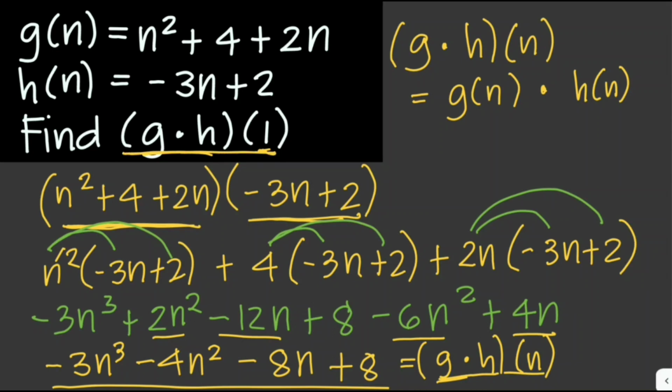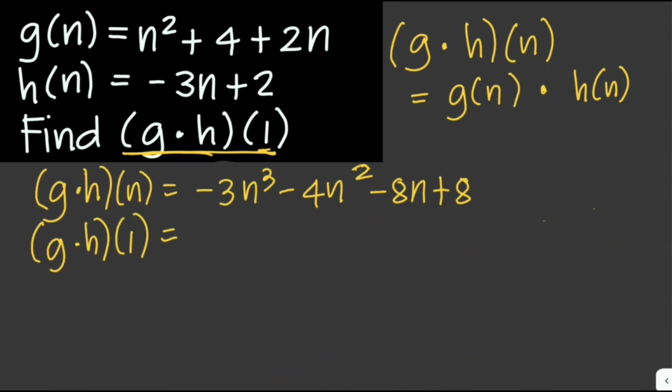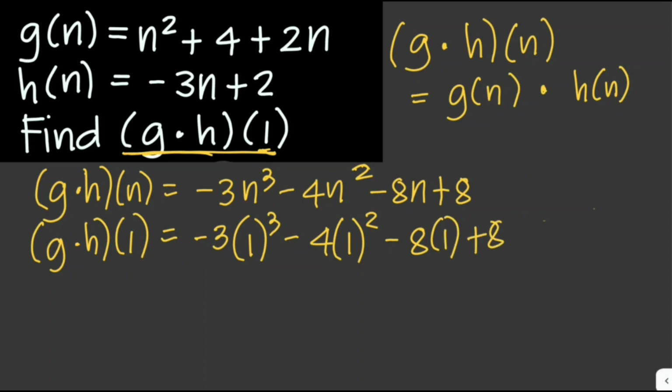So we're given here the value of n, which is equal to 1. So we just have to plug in n equals 1 to this equation here. So let's do that. Okay, so g times h of 1 is just negative 3 times 1 cubed minus 4 times 1 squared minus 8 times 1 plus 8.